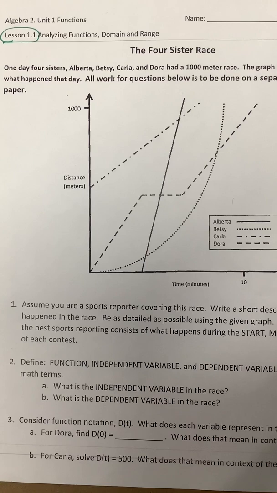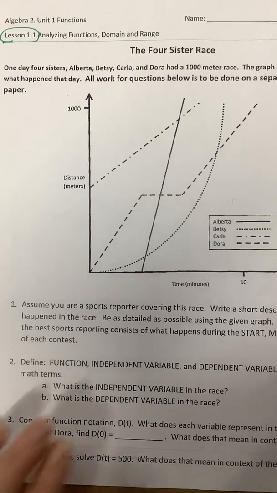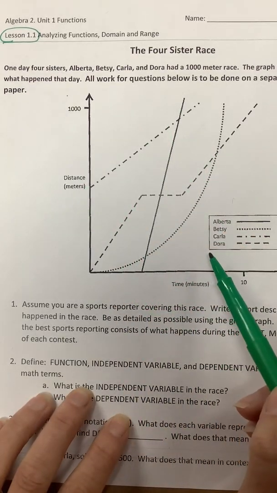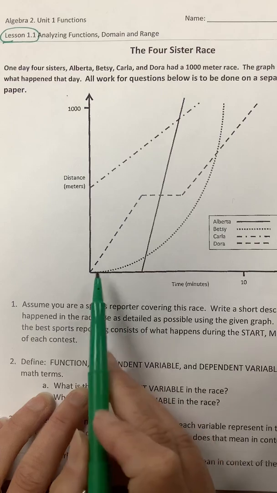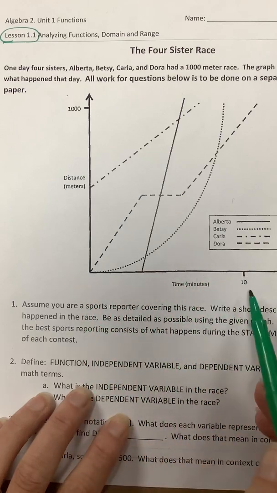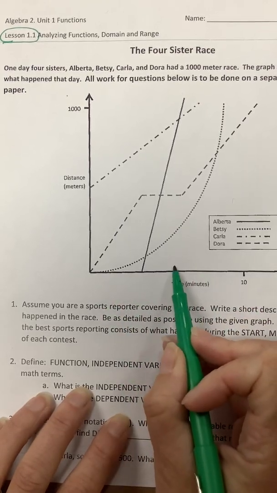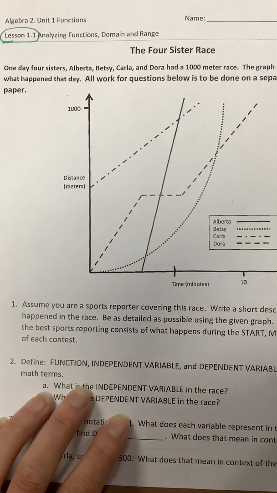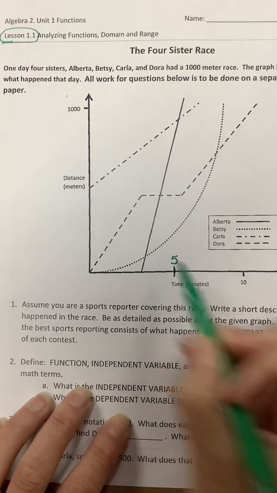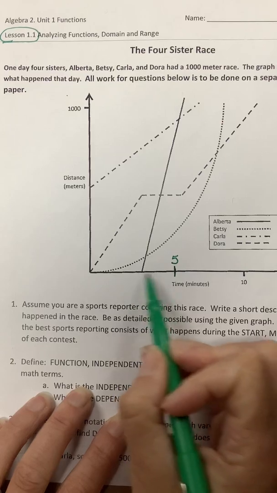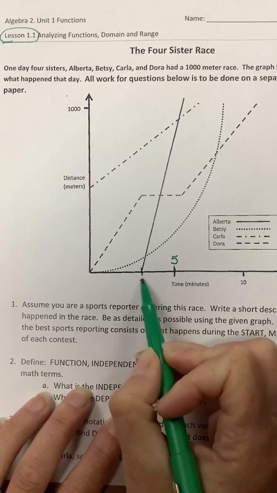So first thing we have here is a race between 4 sisters. As you can see, all 4 sisters have run this race a little differently. As time goes by, I can see that 10 minutes is the length of the race. That's the only unit in here though, so I bet at some point I'm going to throw maybe a halfway mark in here. Maybe that would be 5 minutes, which means maybe this is 3 minutes.